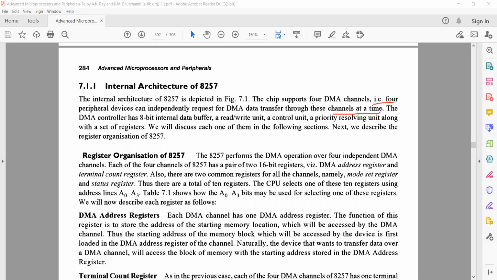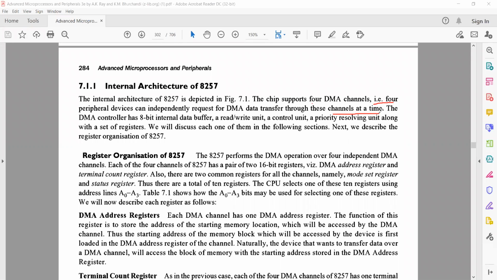Just now I told you, you'll have 4 different channels and 4 different peripheral devices like keyboard, mouse, monitor, or any other peripheral device. We can simultaneously send requests with 4 peripheral devices.